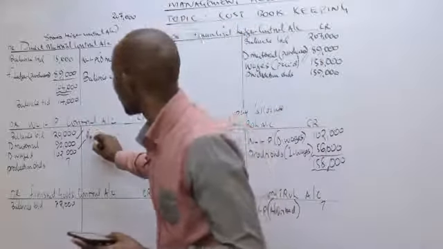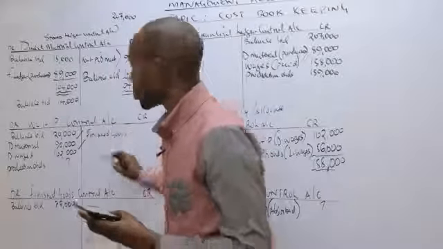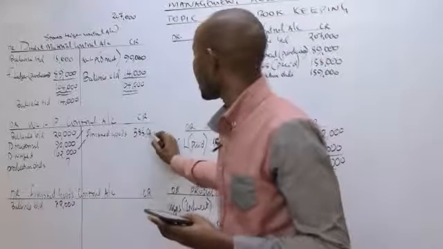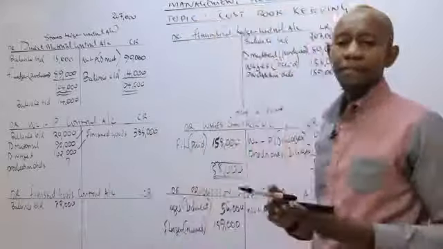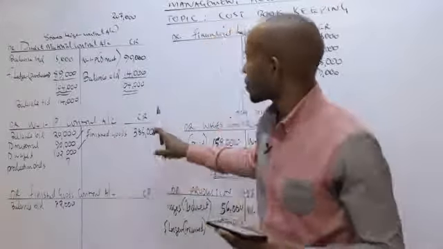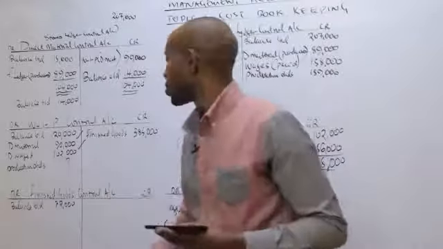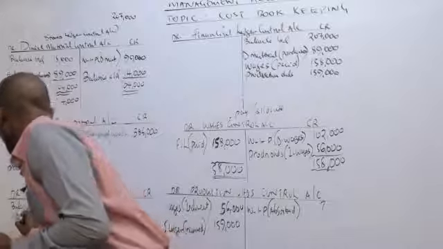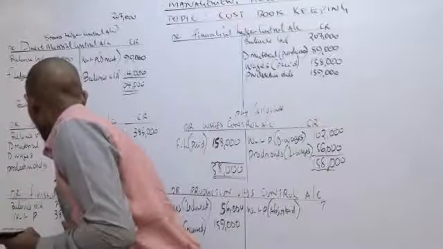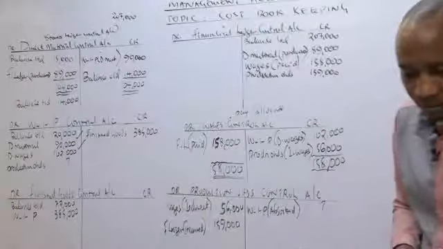So this will be finished goods, 385,000. Complete the double entry: you credit this account and you debit the finished goods. So you say work in progress, 385,000.